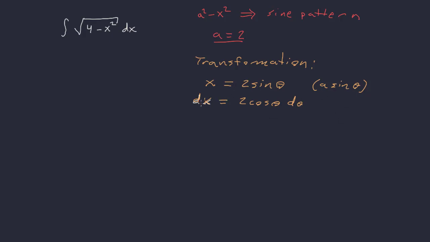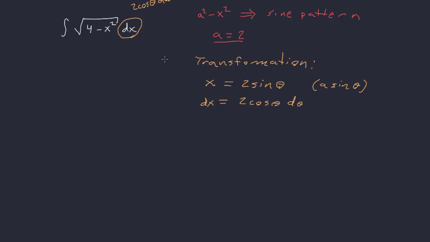Okay, so let me clean this up a little bit. All right, so I have now that x is 2 sine theta, dx is 2 cosine theta d theta. So my dx is going to become a 2 cosine theta d theta.